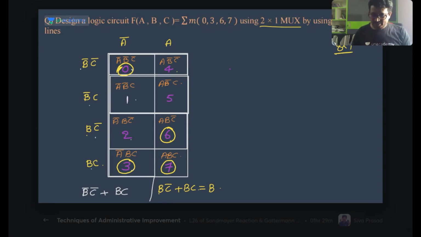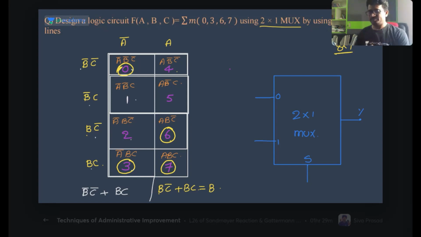Now we can implement it. What size of mux is required? They have given a 2 by 1 mux only. So this has inputs 0 and 1, and we have one select line, and this is my output Y. The select line will be given to A. Now B bar C plus BC is nothing but an XNOR gate.